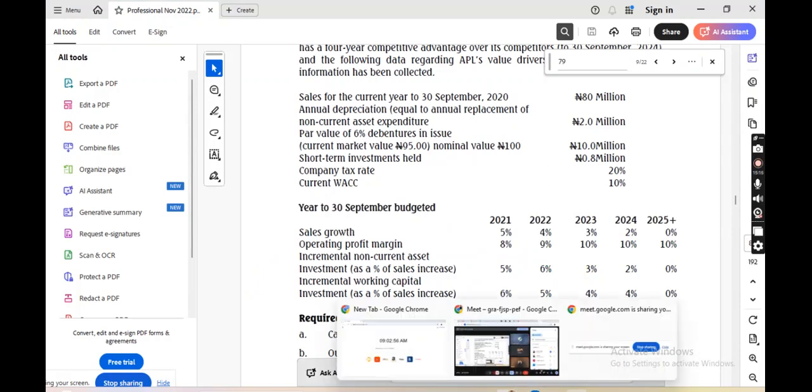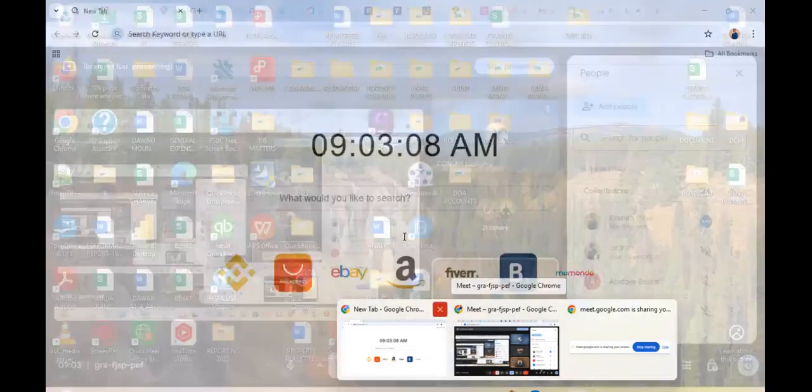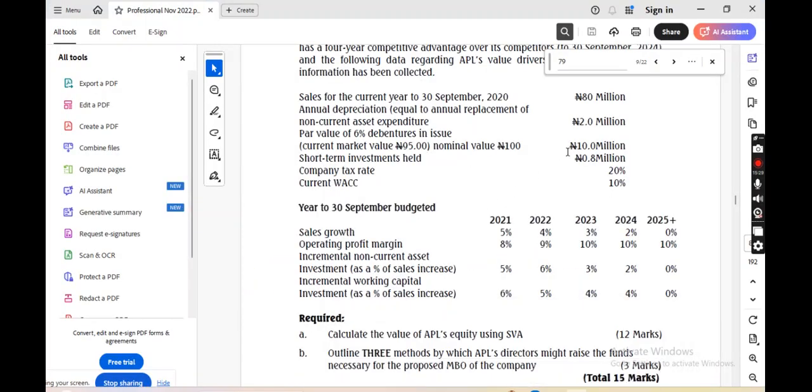That was what I said, like 95 times 10 million over 100. Can someone explain to us how we will determine our market value here? Sir, I'm not too sure, but I feel we should get the number of stock, then multiply it by the current market value.